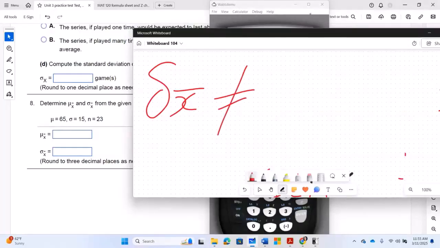It is not the same as standard deviation. No, they are not the same. In this particular case, x bar is the random variable. X bar is a random variable.